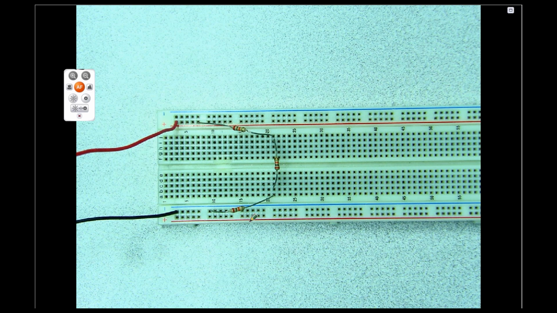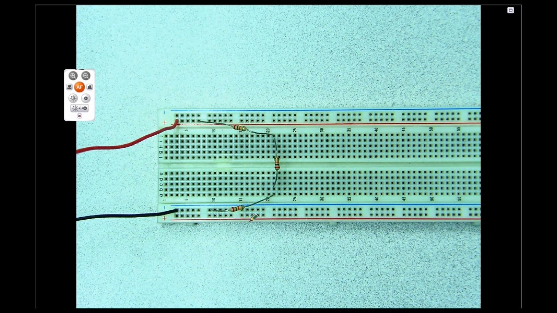Okay? Now, say you wanted to measure the current through this middle resistor.